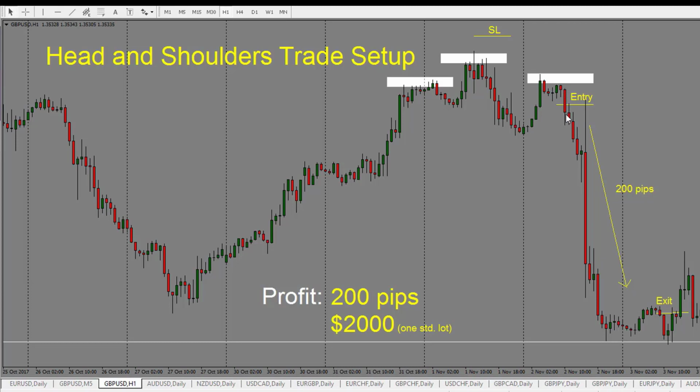Once we see a good candle like this, we can enter our trade short. Stop would go above the high here, and we'll let the trade run until we see that the price is not really going anywhere. It starts to pull back here, so we'll exit the trade. From entry to exit, we have 200 pips in the trade, so our profit is 200 pips or $2,000 if trading one standard lot.